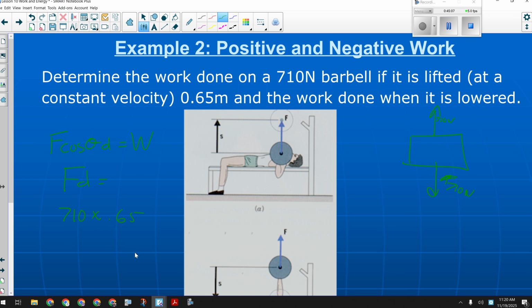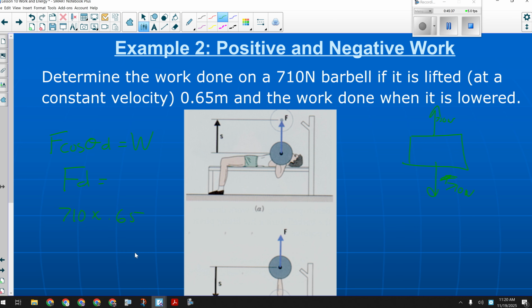From the barbell's perspective, when I lower it, does it lose the 462 joules of energy I gave it? Yeah. When it comes back down to a height of 0, the energy I gave it is gone. That energy has to go somewhere. Well, it goes back into you. You have to work against the weight of that barbell. From the barbell's perspective, we said that work was negative on the way down.